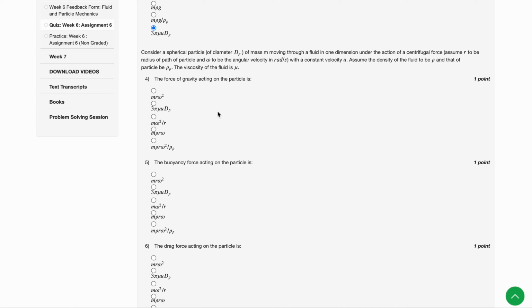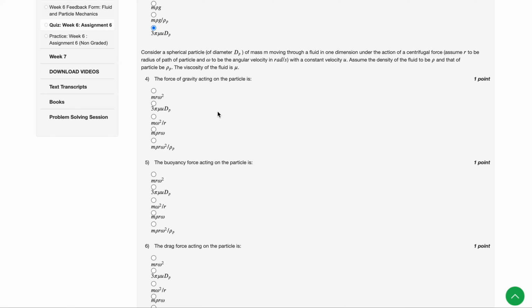Okay, and this centrifugal acceleration of the particle, the centrifugal acceleration or the centrifugal force which is acting on the particle, centrifugal acceleration is equal to r omega square.